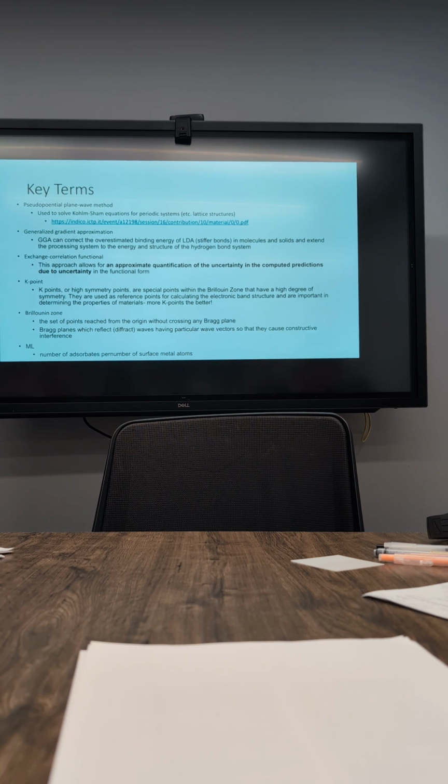The Brillouin zone, I have two different definitions, so both are helpful. Like a set of points where you don't interact with another Bragg plane, or a Bragg plane which doesn't have the particular wave function have constructive interference, not destructive interference. So K space, and then the K points are spaces within the Brillouin zone, that is reciprocal space, basically.